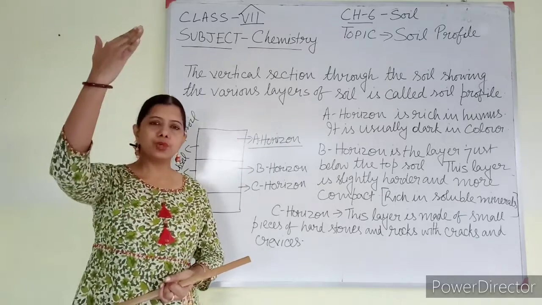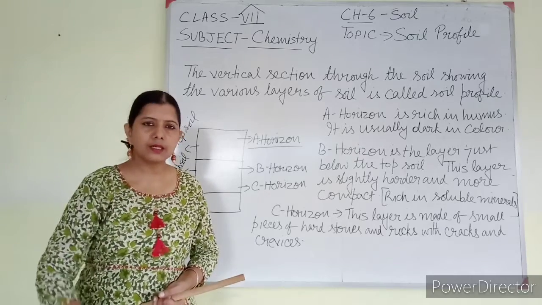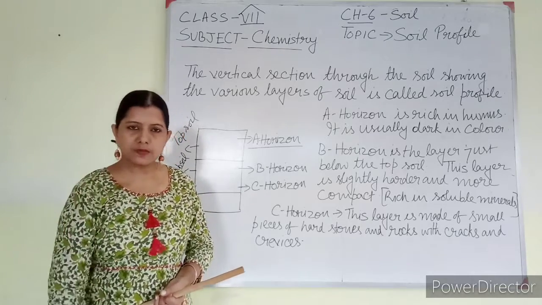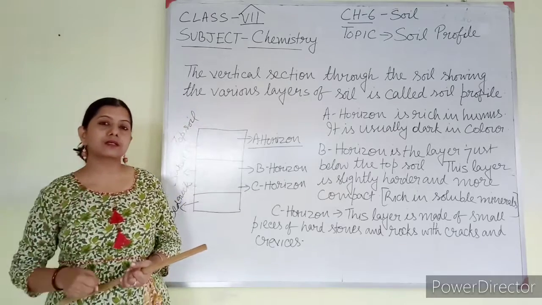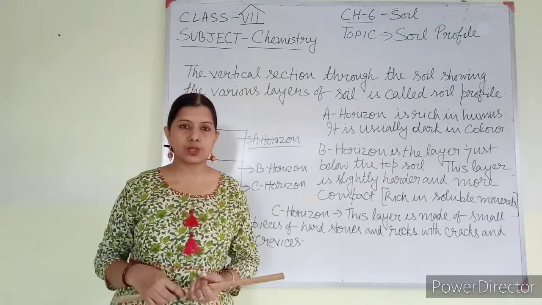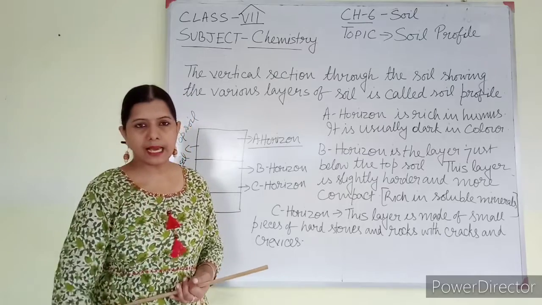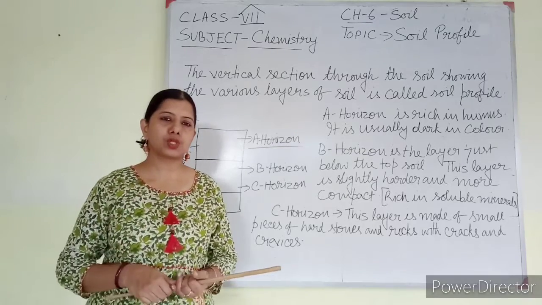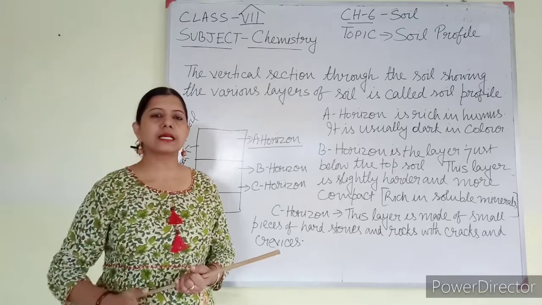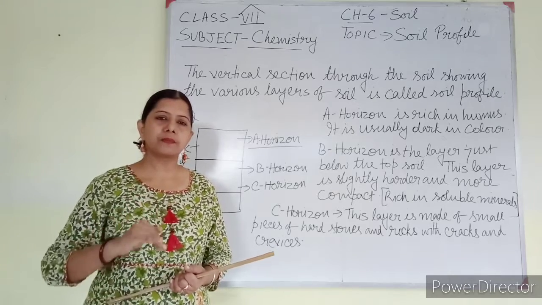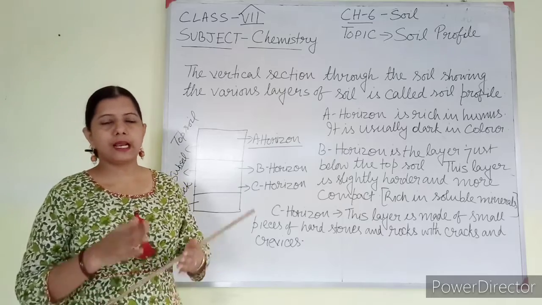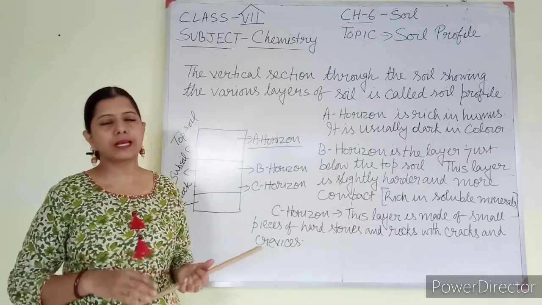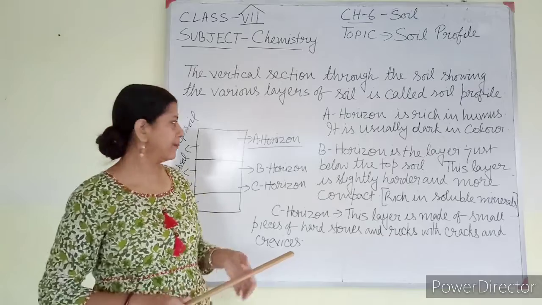That is, if you dig the soil, the vertical portion, through the y-axis you are going to get the vertical section. In a graph paper, the y-axis is the vertical one. So through the vertical section you will find separate layers of soil. All layers together are known as soil profile.